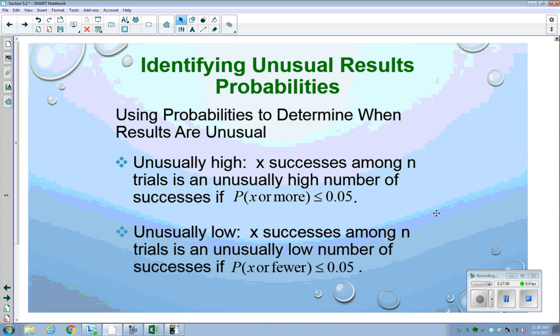I've seen students who know the rule, they're trying to apply the rule, and if I gave you a number for that probability, would that be unusual or usual? It is unusual, because if I look at this, is it less than 0.05? Okay? Less than 0.05.